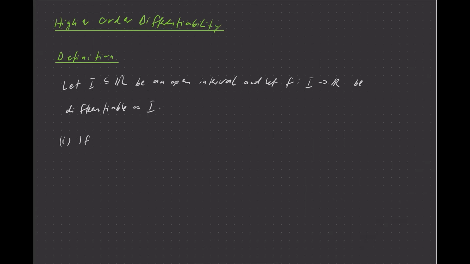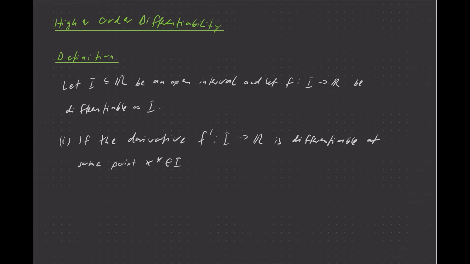So let's write down the definition. If the derivative is f prime, and again that is defined on I and maps to R. If that is differentiable at some point x star, then f is called twice differentiable at the point x star.